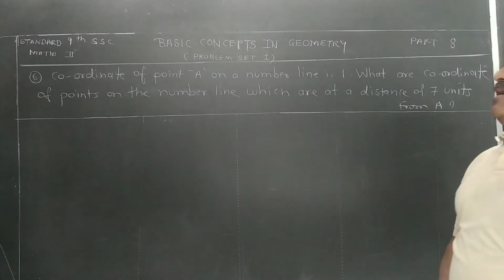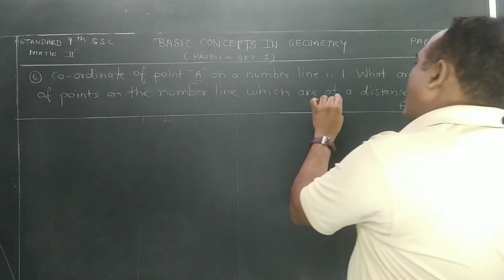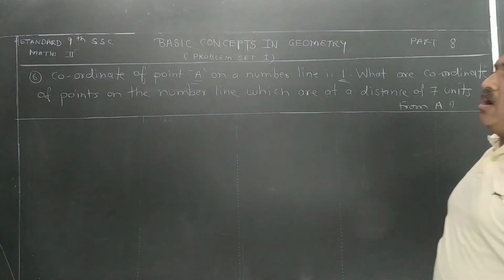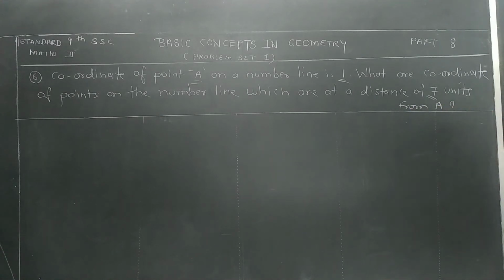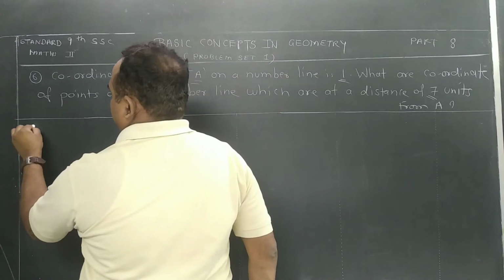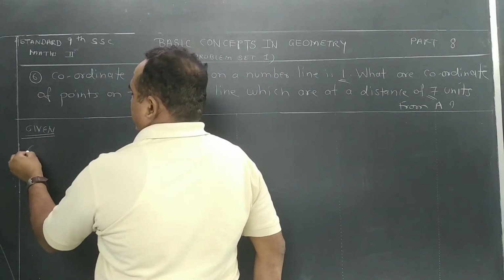Now, the coordinate of point A on a number line is 1. Correct? What are the coordinates of points on a number line which are at a distance of 7 units from A? So I will take this as given. First we'll write given. What is given?